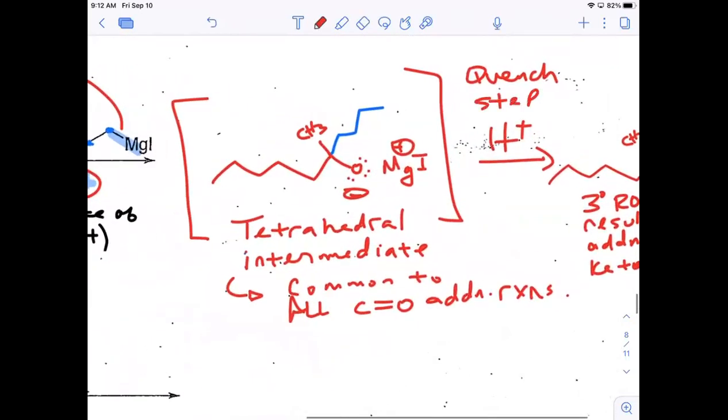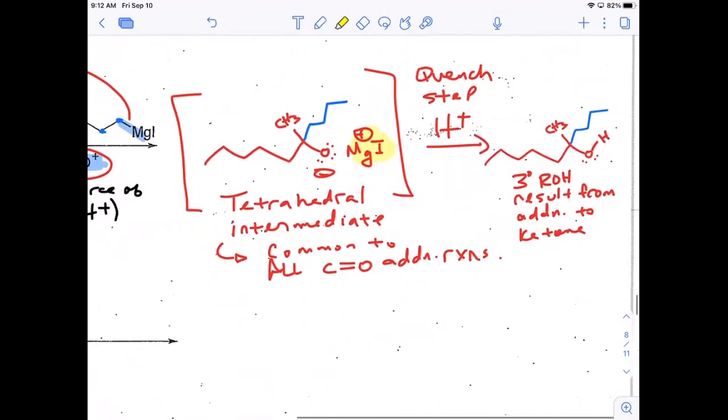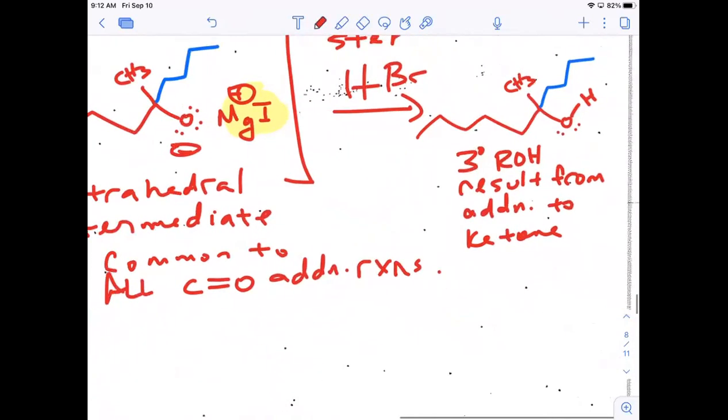Good question. So the salt, the magnesium iodide salt, which is right here, whatever the conjugate base is of the acid. So let's say we used, instead of just H plus, I'm going to use HBr as my acid for the quench.